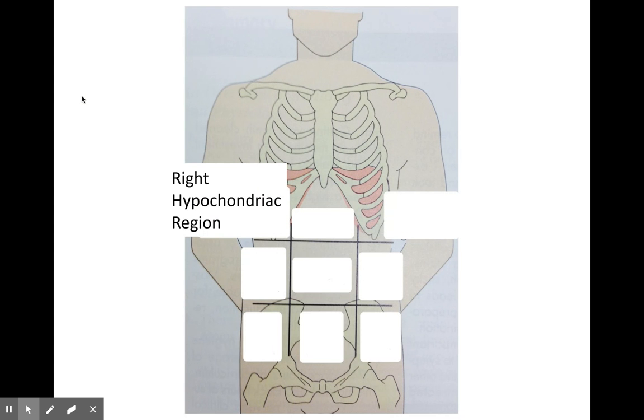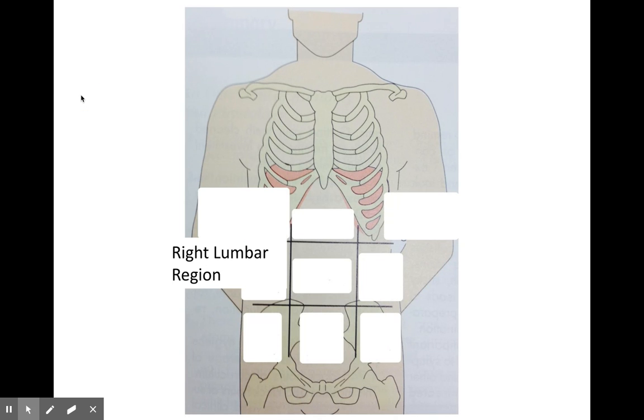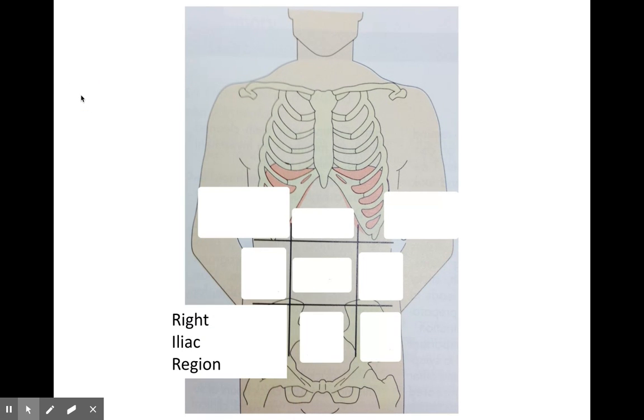Within those quadrants, we have regions. Right hypochondriac region, right lumbar region, right iliac region. Your pelvis is made out of two bones. Each bone is considered an iliac bone, so it's in relation to the pelvic area.